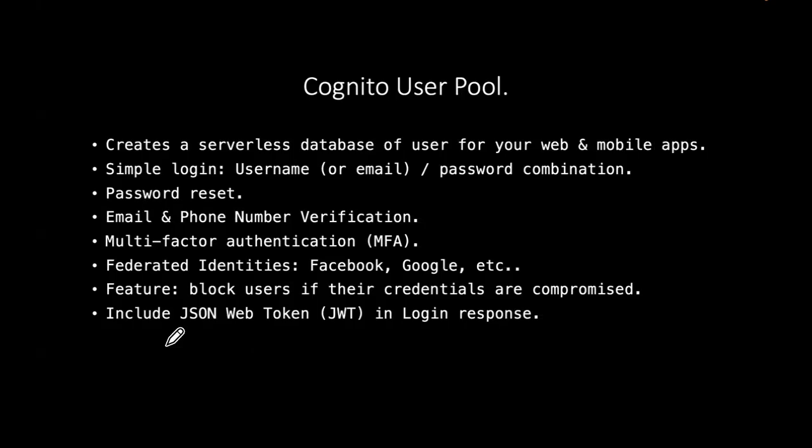And as we might expect, it's a serverless service. You could think of it as managing a database behind the scenes. I don't know if it actually uses a database behind the scenes, but it wouldn't be hard for us to envisage that's what's going on internally, even though we don't deal with Cognito in a database way.